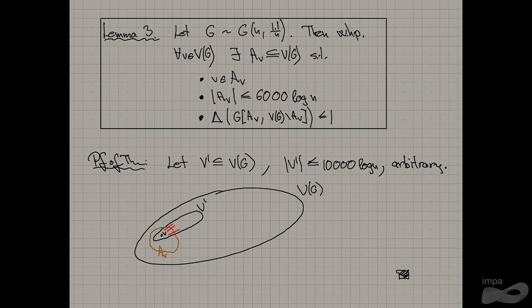Now here, what we are showing is that with probability 1.1 over n, for every v, we can build a set whose size is logarithmic, but where between this set and its complement there is only a matching.